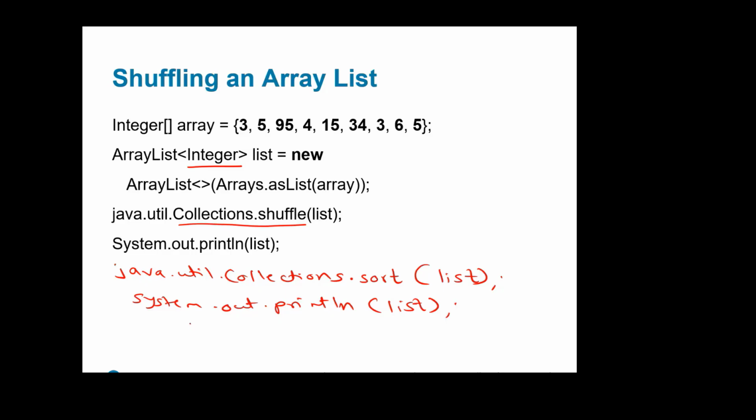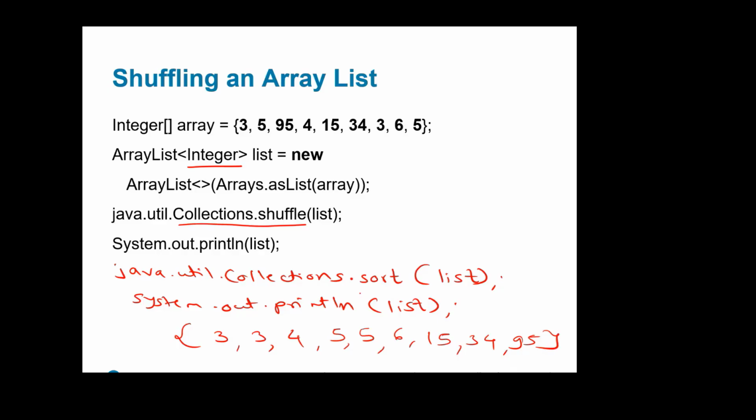So how will my list now look? So maybe 3, 3, 4, 5, 5, 6, 15, 34.